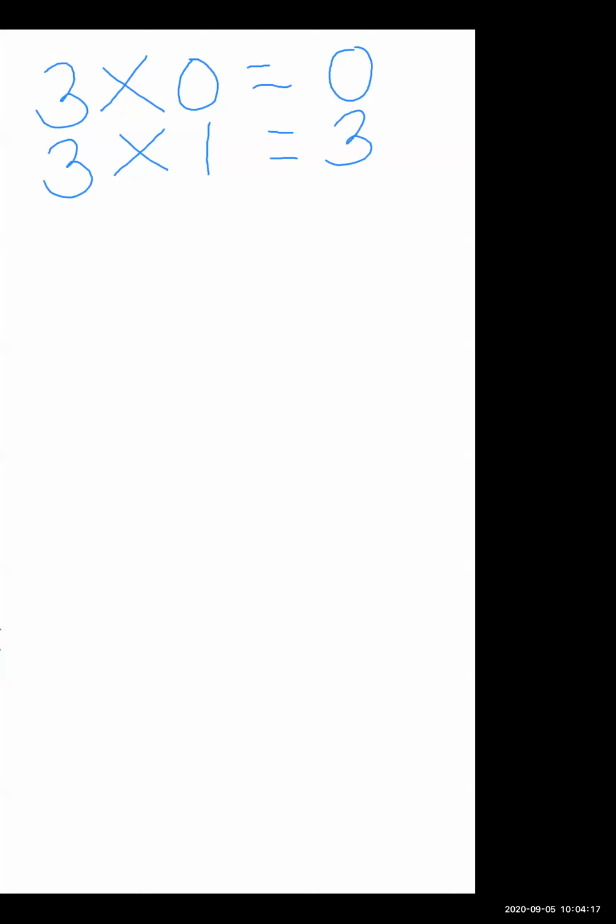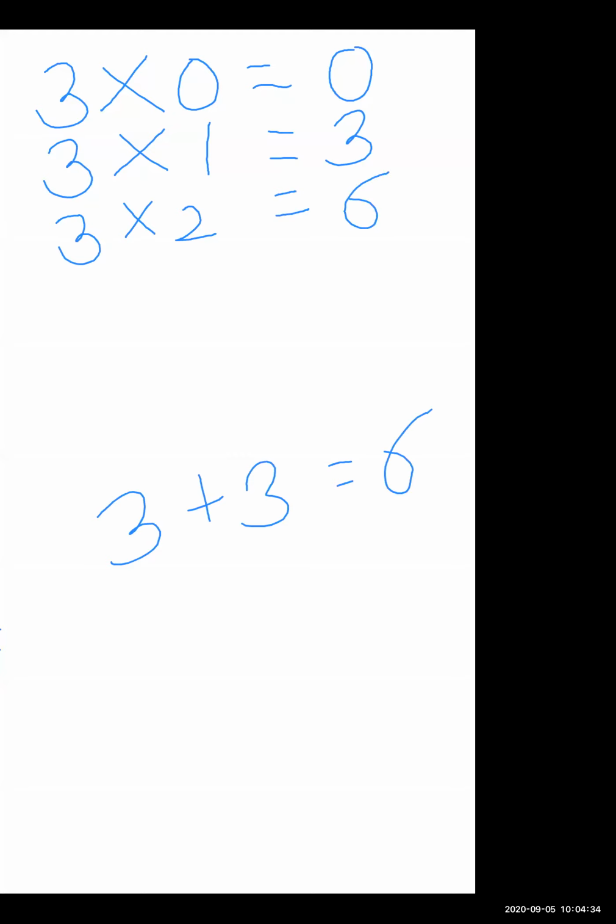Add 3 2 times. That means 3 plus 3. What is the answer after adding 3 plus 3? 6. So 3 into 2 is 6. Okay, let's proceed further.